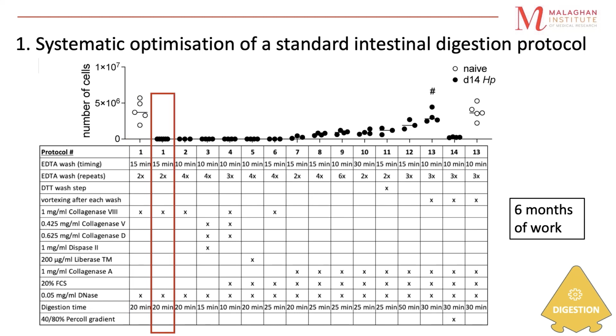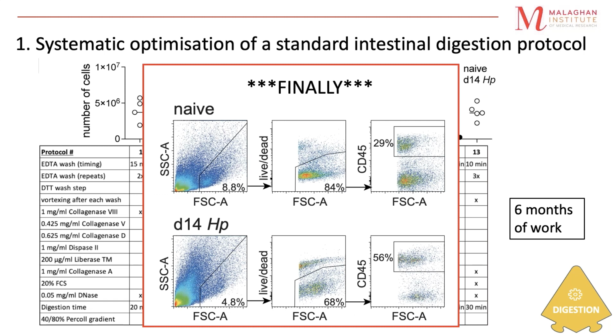After testing some variations in the protocol, the digestion that worked well for day 14 infected guts was number 13. And the same digestion also worked well with naive guts. So finally, we found a digestion that will allow us to obtain live and CD45 cells out of day 14 infected mice.